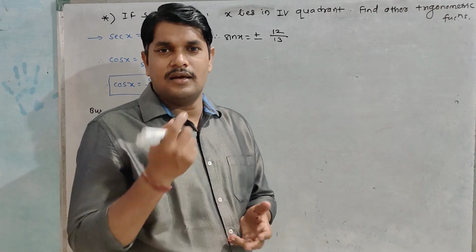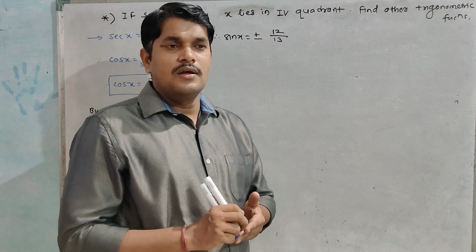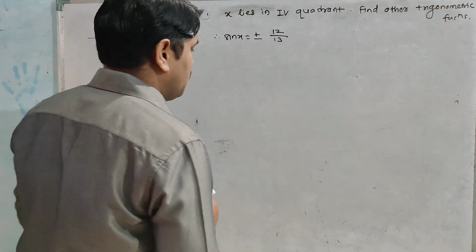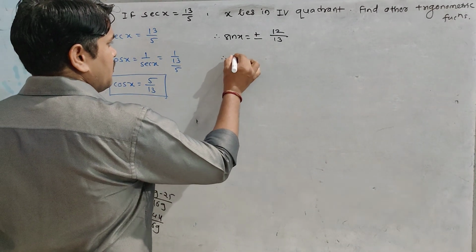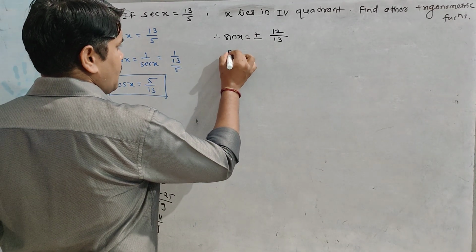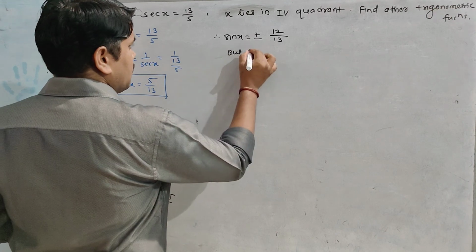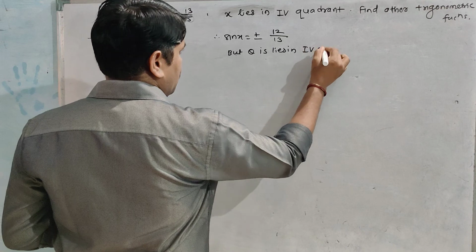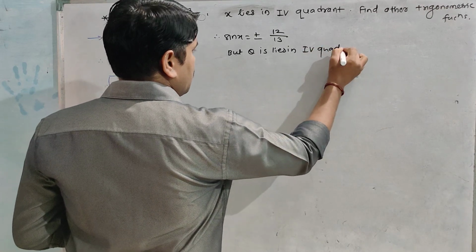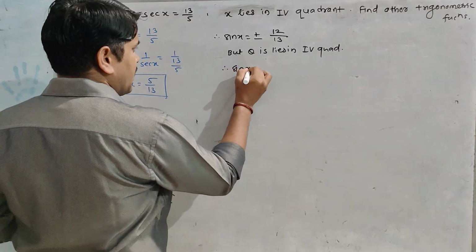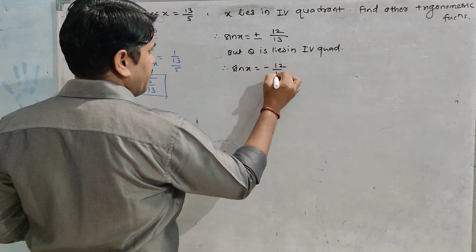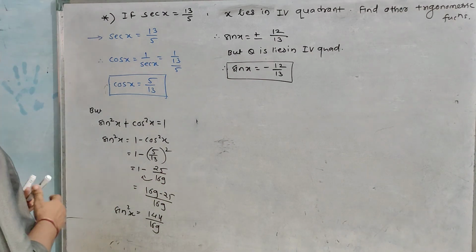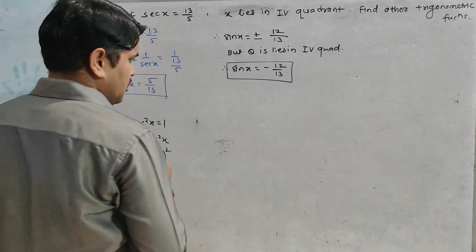In the fourth quadrant, cos and its reciprocal sec are positive, and sin and its reciprocal cosec are negative, since theta lies in the fourth quadrant. So we get that sin x is negative, sin x is minus 12 upon 13.